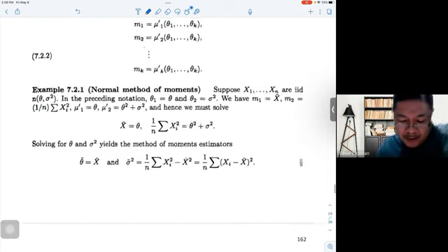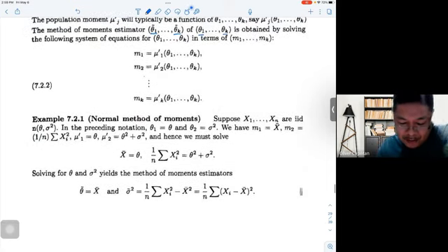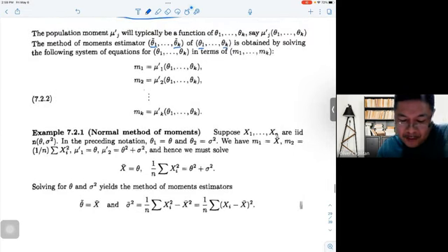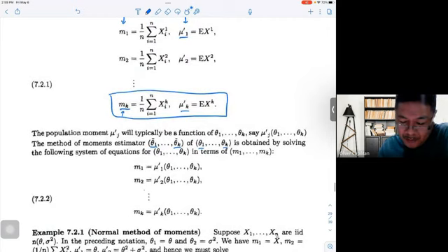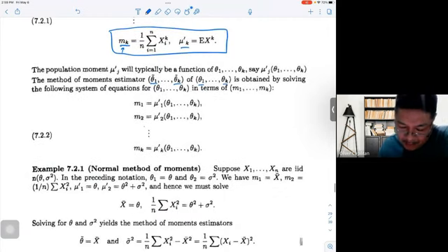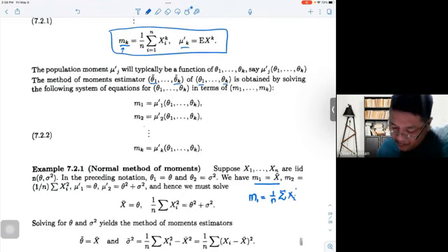In the preceding notation, if we want to determine our m sub 1, according to our definition, m sub 1 is equal to x bar. That's 1 over n, the summation of x sub i to the 1, the part I boxed, which is the m sub k.